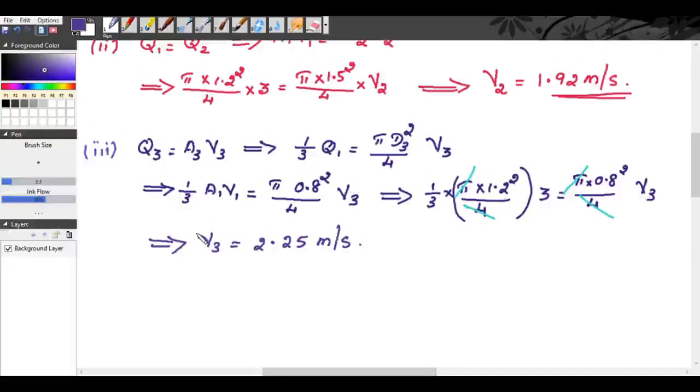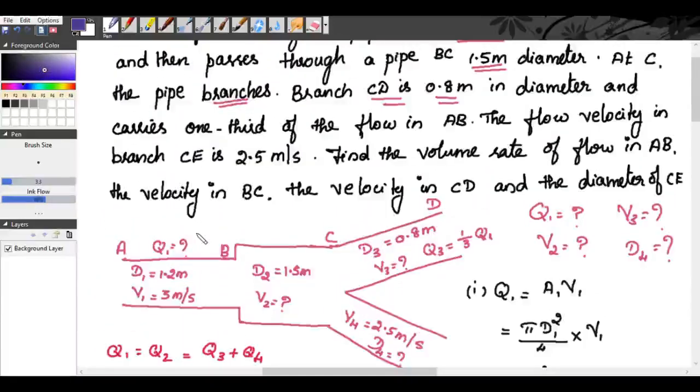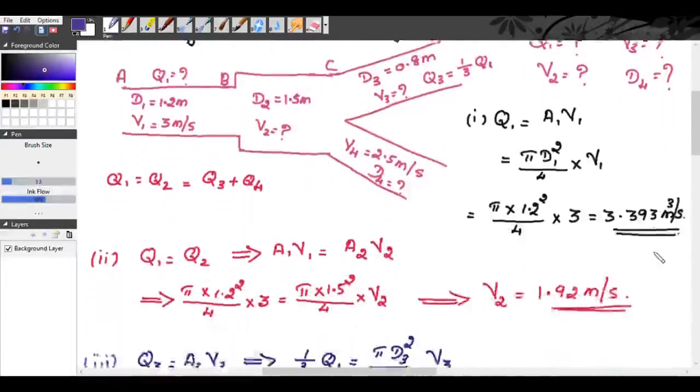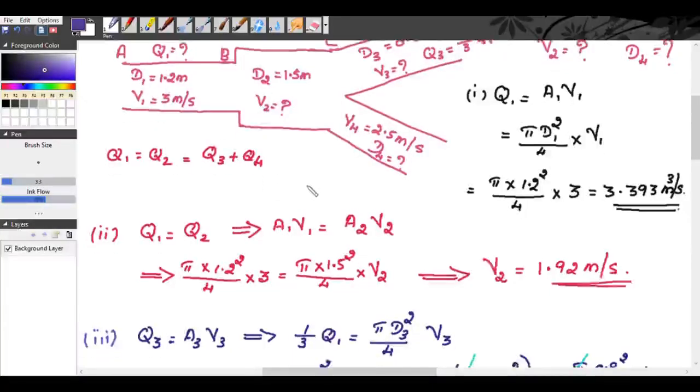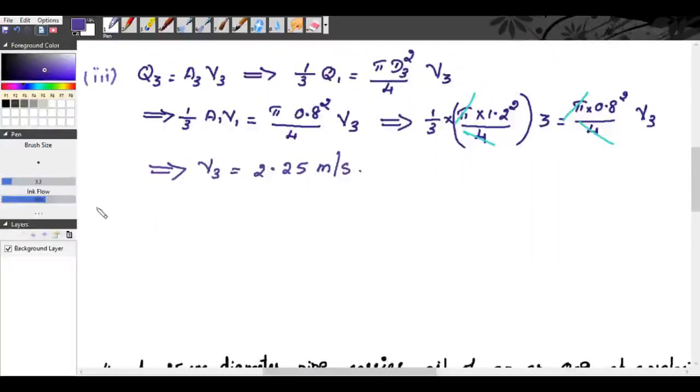Now we will move on to our fourth part. Fourth, we need to find the diameter of the fourth pipe, that is CE. So now we will apply Q2 is equal to Q3 plus Q4.